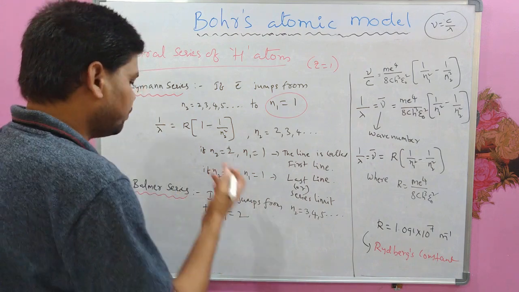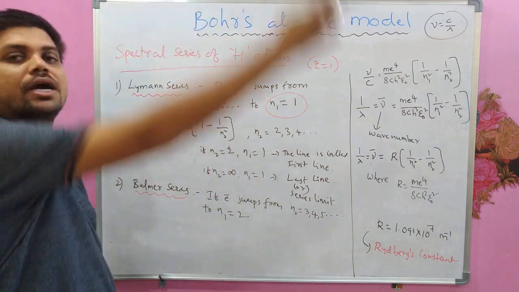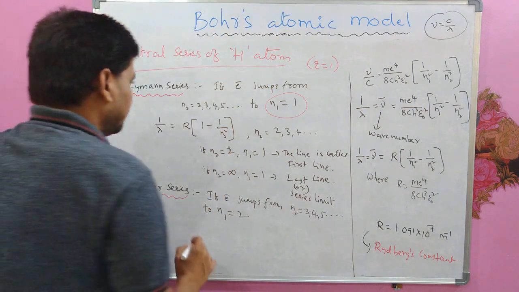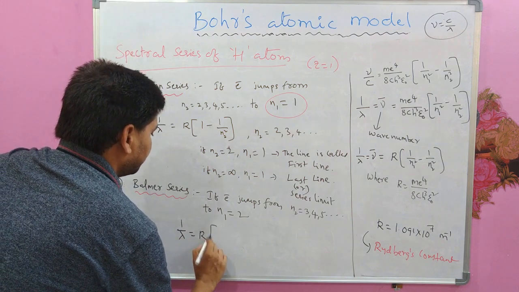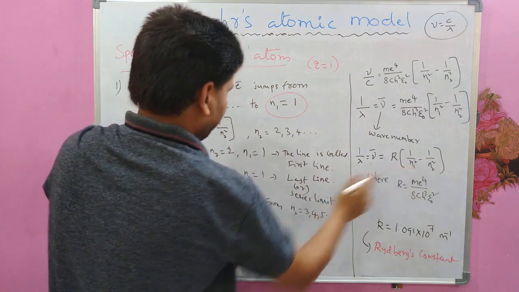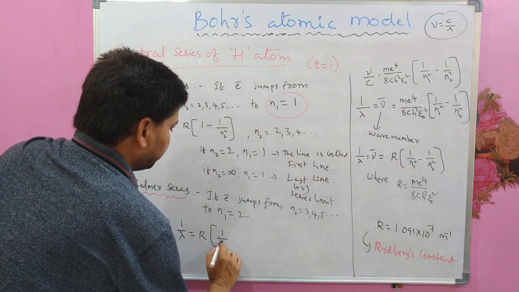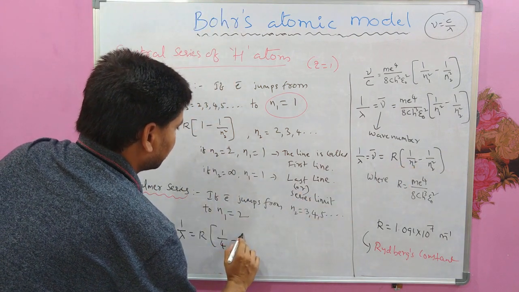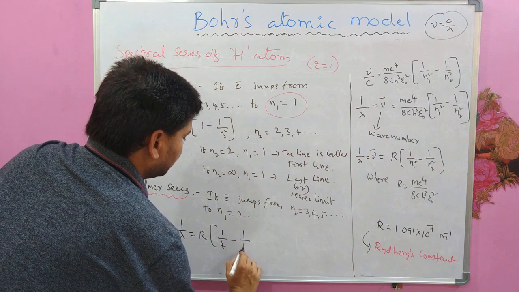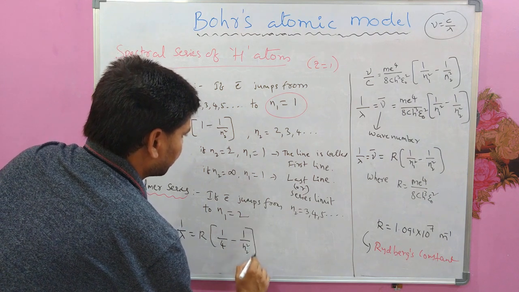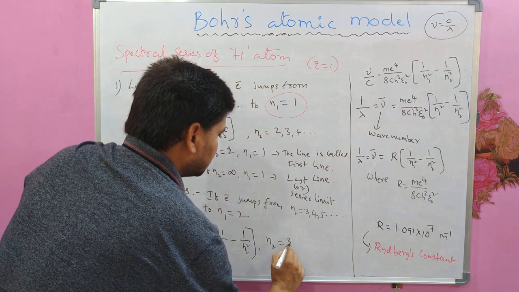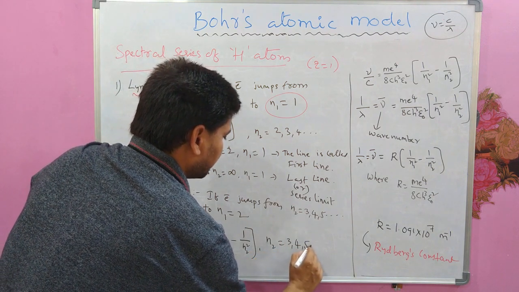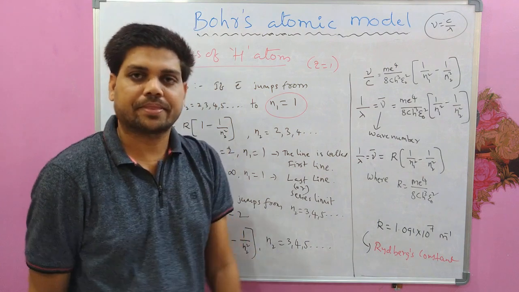The electron is coming to second orbit from higher orbit. Then 1 by lambda equal to R into 1 by 2 square, which is 1 by 4, minus 1 by N2 square, where N2 here is 3, 4, 5, and so on.